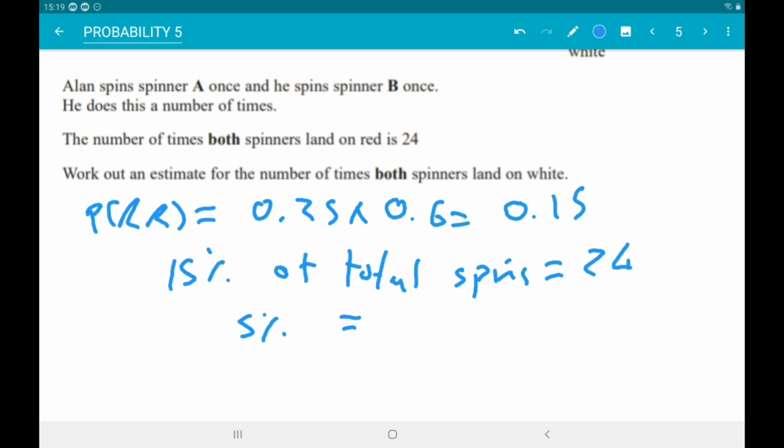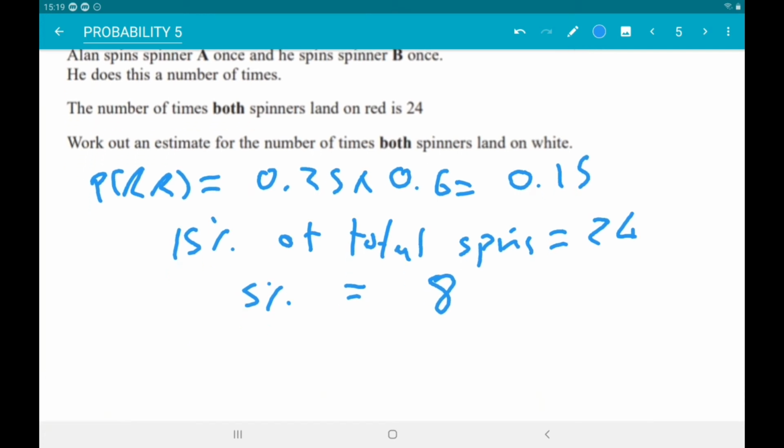So dividing by 3 we get 8. Now we can work out 100%, by multiplying by 20. So we get 160. Alright, so that's our estimate for the total number of times he spun the spinners.